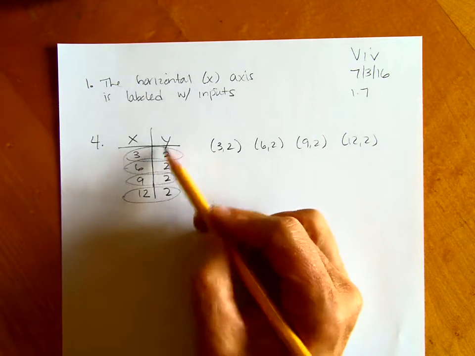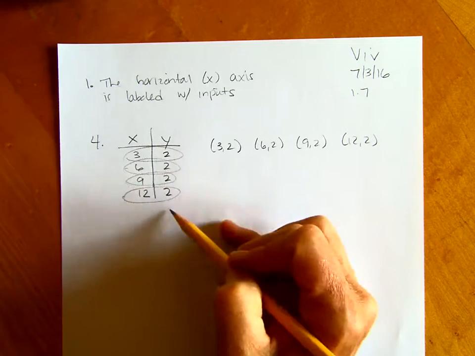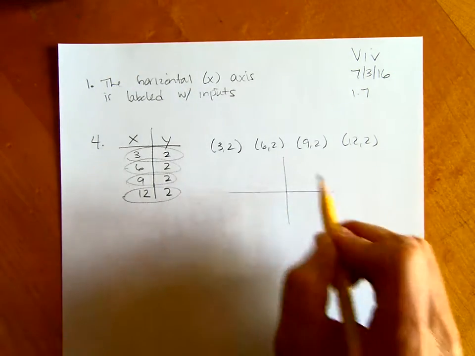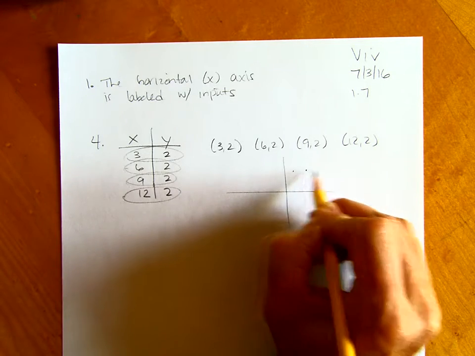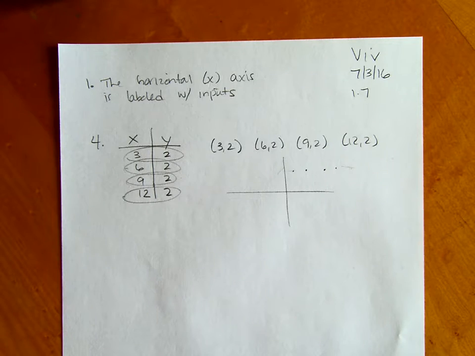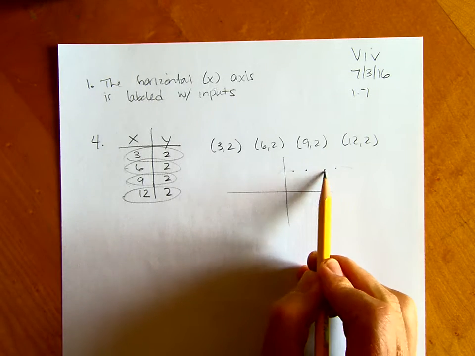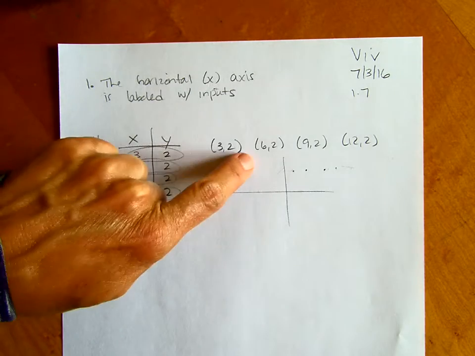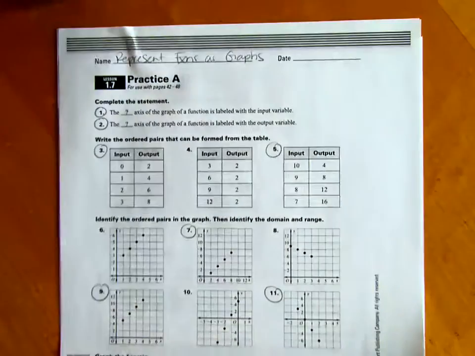And heck, what's going on? Y is always the same value. Sometimes we tend to think of that as a vertical line, but really if y is always the same, it doesn't matter what x is, that's going to be a horizontal line. We'll get to lines later. For now, these are just discrete, individual points.